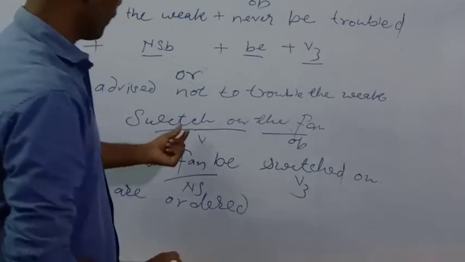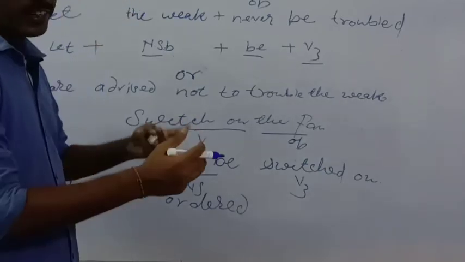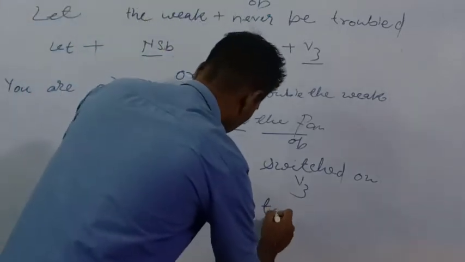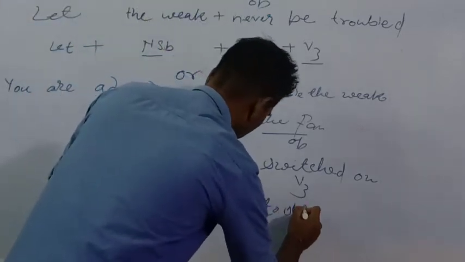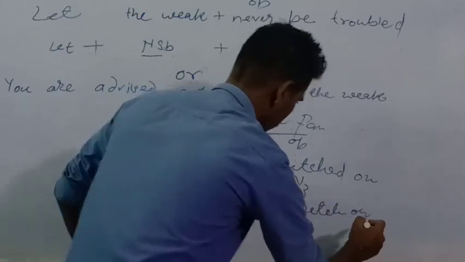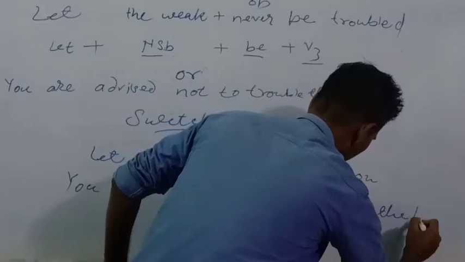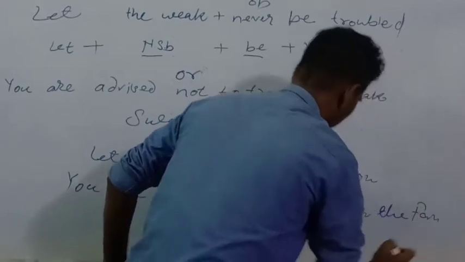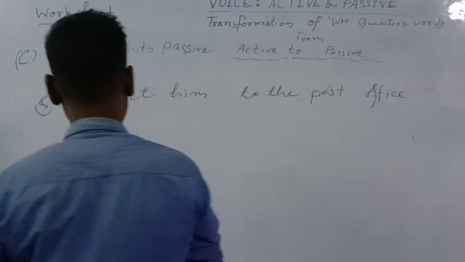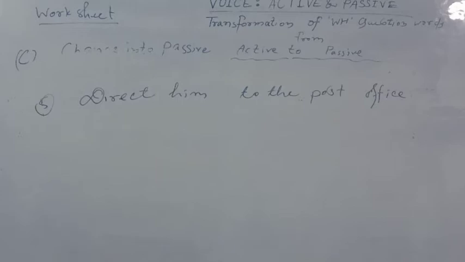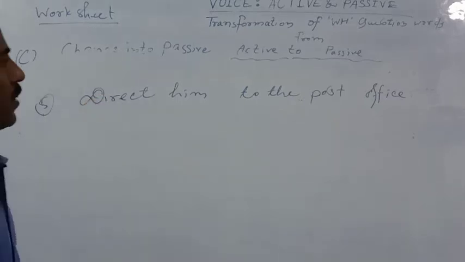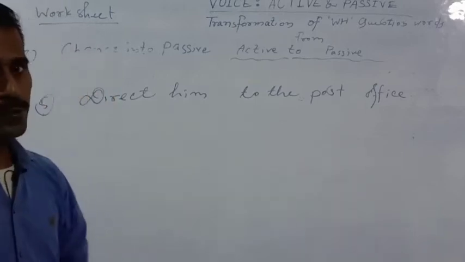Then the verb is what? Switch. We have to make it infinitive by putting to. You are ordered to switch on the fan. Next: direct him to the post office.